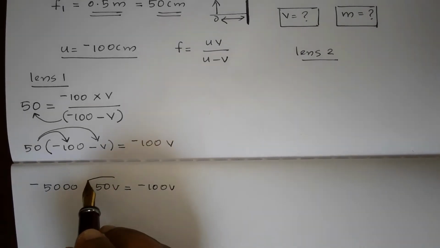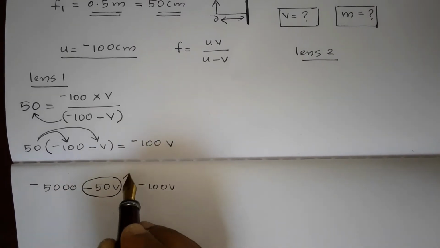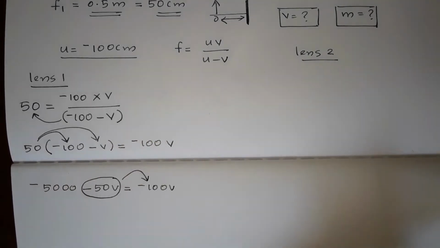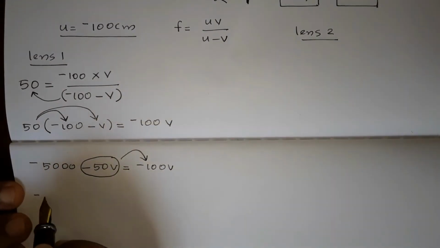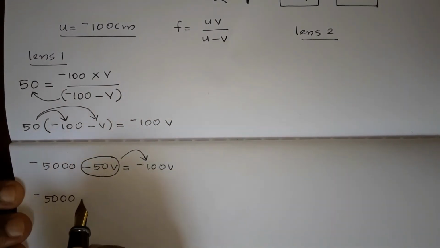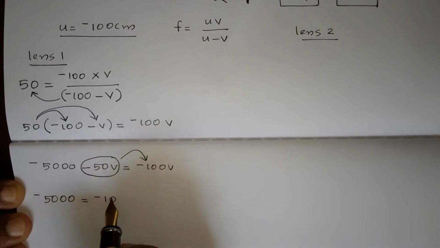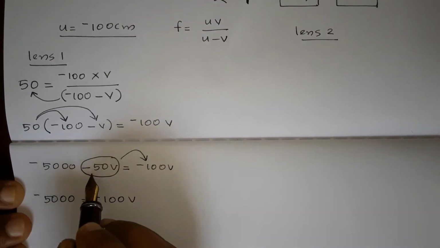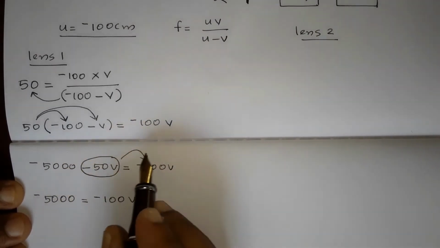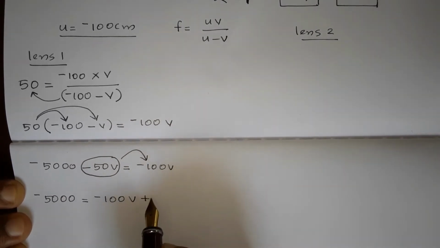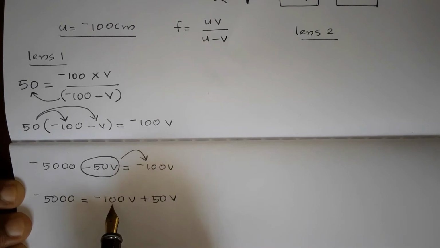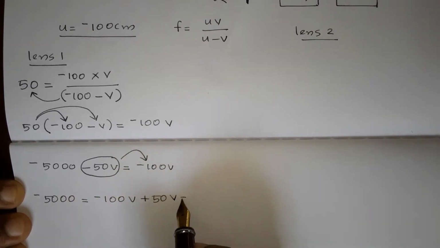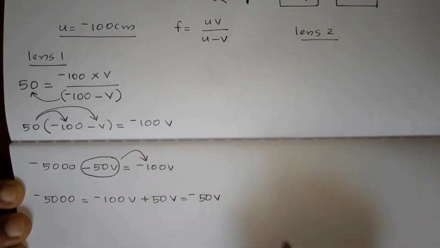Next we are going to take this minus 50v to the other side. So we will get minus 5000 is equal to minus 100v. This minus 50v when it moves to the other side will become plus 50v. Minus 100 plus 50 is minus 50v.